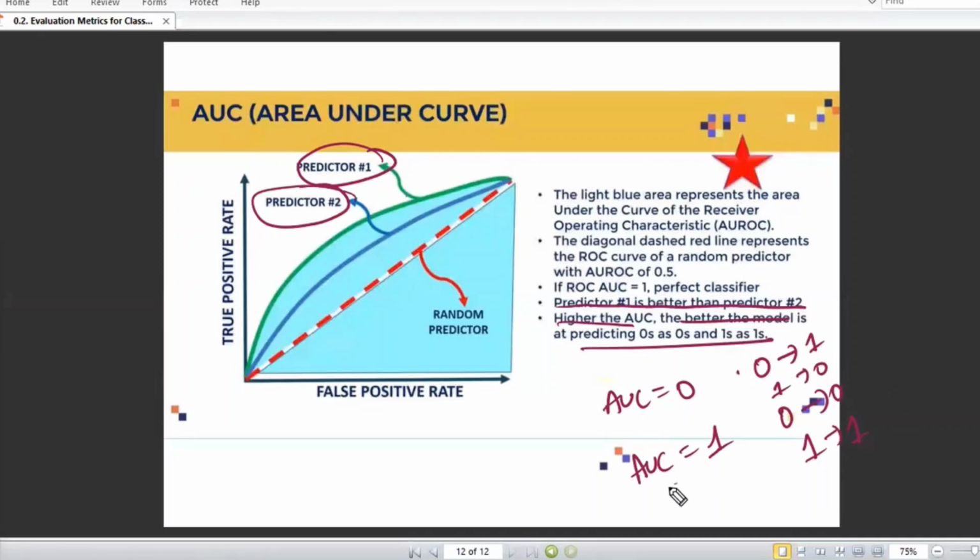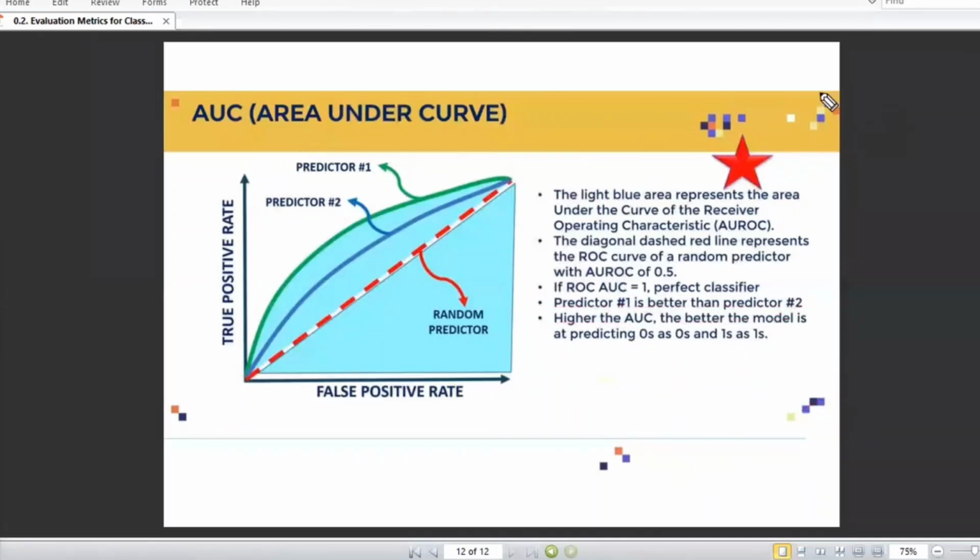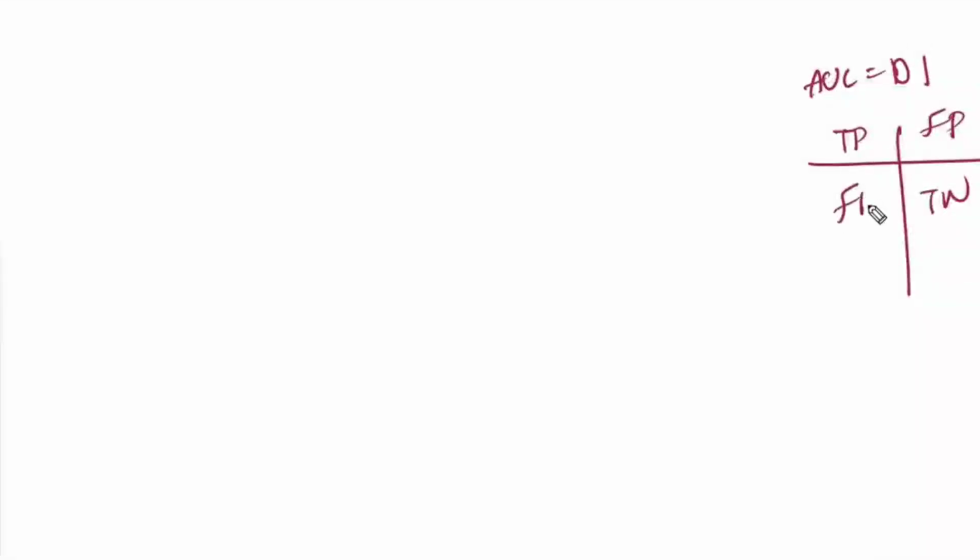Let us take AUC is equal to 1. If the AUC is equal to 1, in the confusion matrix you are going to get TP, TN, FP and FN. If AUC is equal to 1, you are going to get here 90 and here 10, and 0, 0.